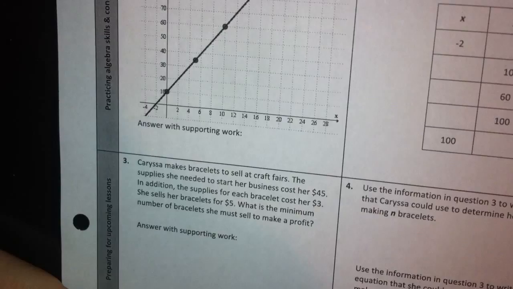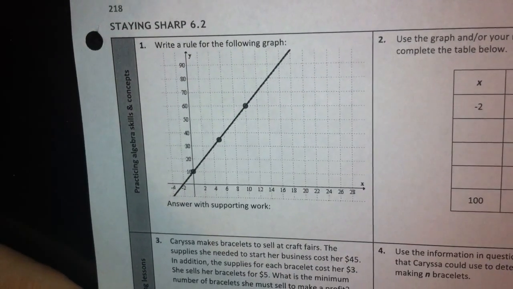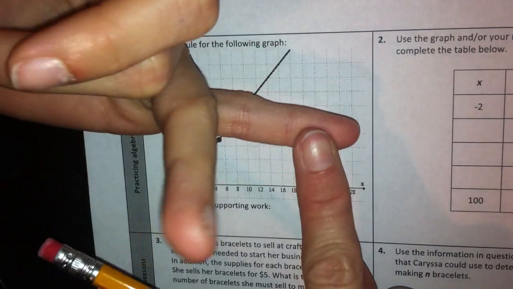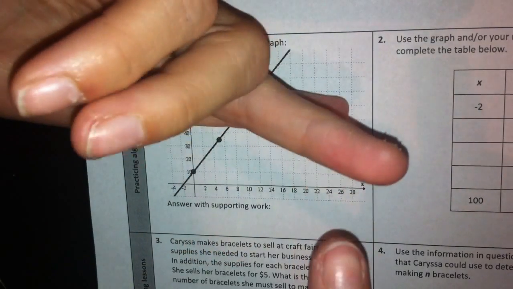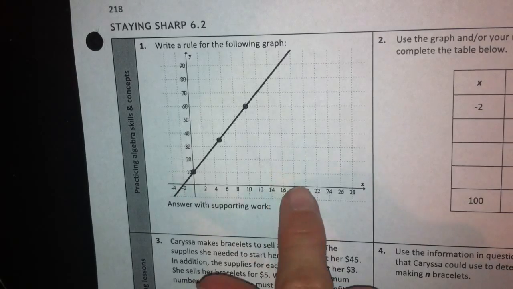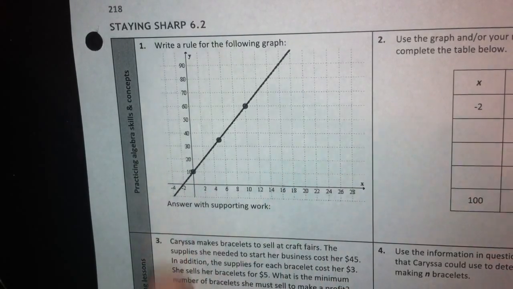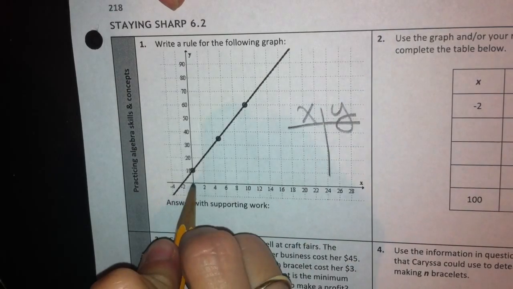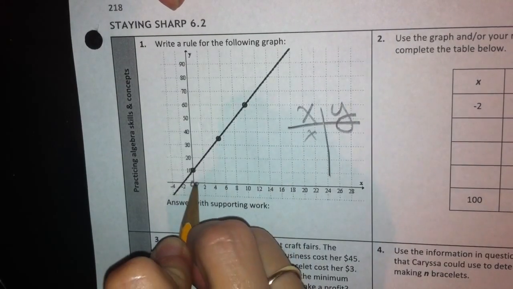Okay, there we go. All right, let's see if I can give you any tips for staying sharp. Oh, absolutely. Okay, so let's take a look at this one. On the homework, we decided if a table was a function or not. We decided if a graph was function or not. Now we've got to actually write a rule for that graph. Now remember from the last staying sharp, first thing we did was we created an X and Y chart. When X is 0, what's Y?